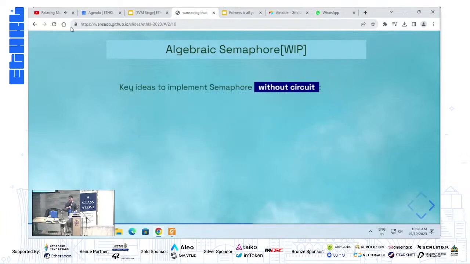And the key ideas to make this Semaphore, actually we are doing everything. We are proving this relationship that I explained inside of an arithmetic ZK circuit by writing a program. And our mission is, okay, let's try to define some polynomial identities, relationship equations, rather than writing a program circuit.